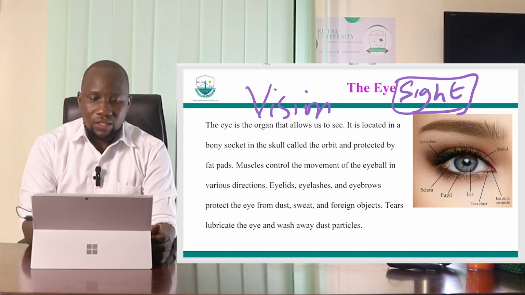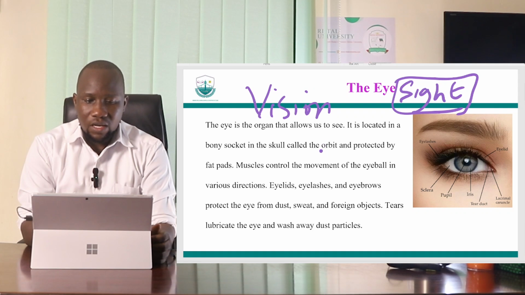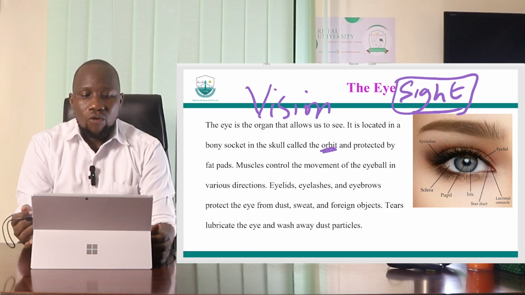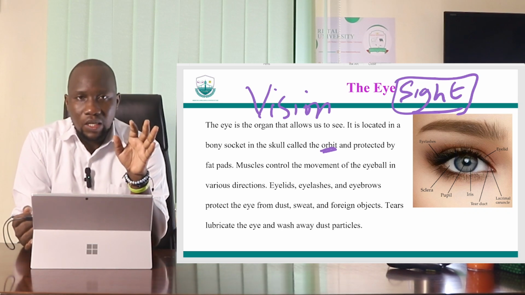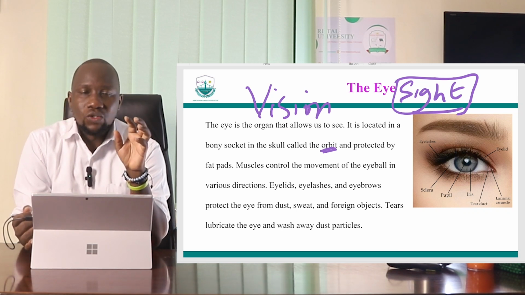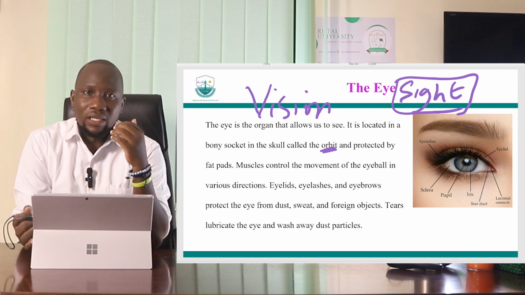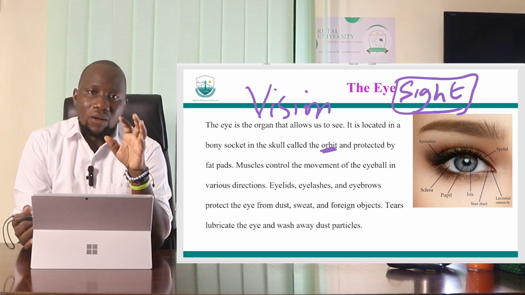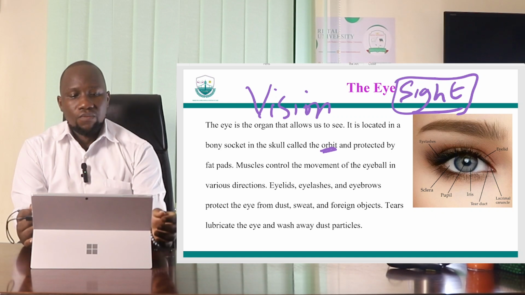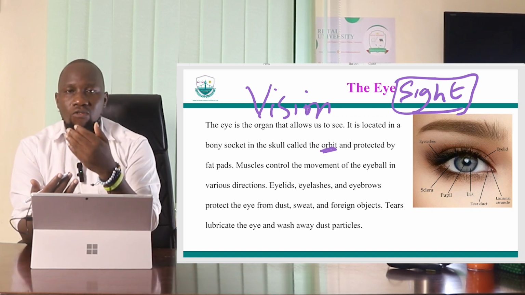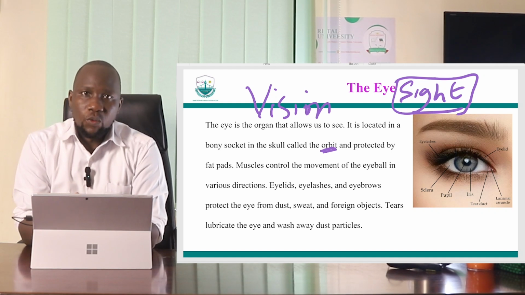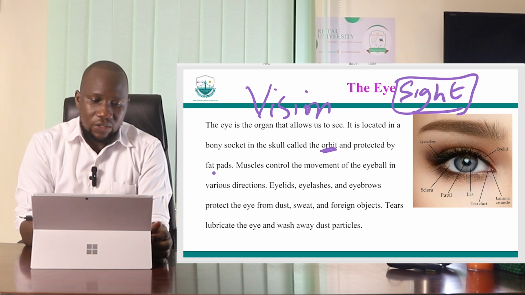We call those sockets orbits. The eyes don't come into contact with the bony socket. There are fatty pads that cushion and protect them from getting into direct contact with the bony sockets.